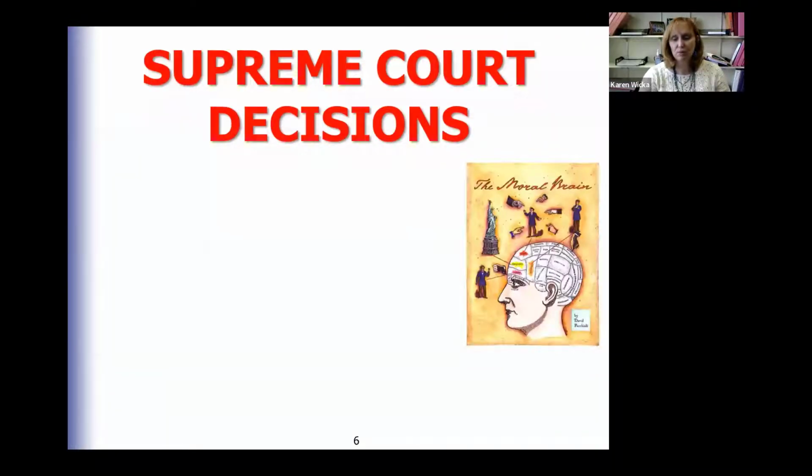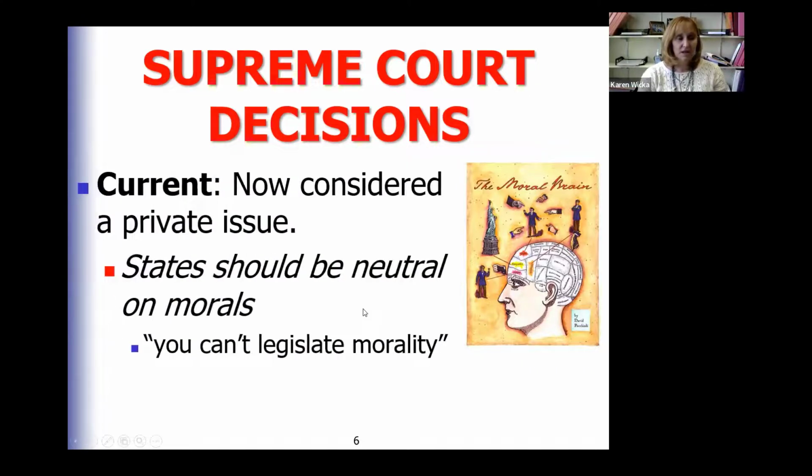So when we were talking about these moral issues, we have to figure out what the Supreme Court has said over time. So one of the things we know is that the Supreme Court originally said the state can do it. But that has changed in current times. The court has moved more and more away from regulating these morality crimes and has decided that it really should be neutral.